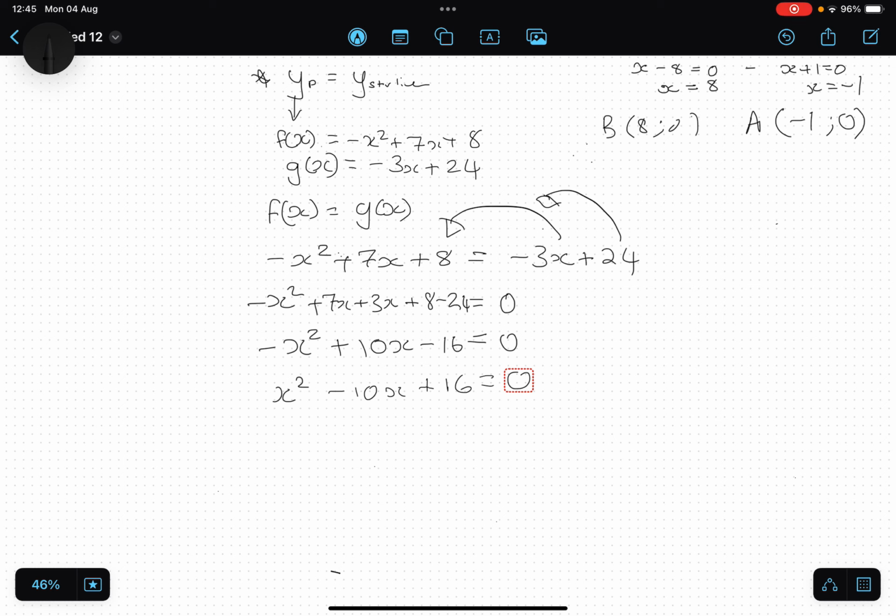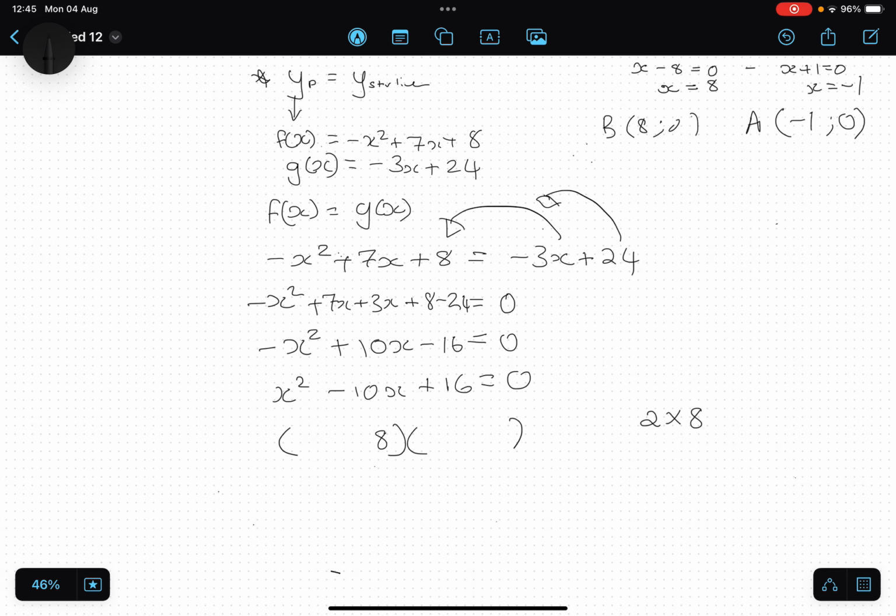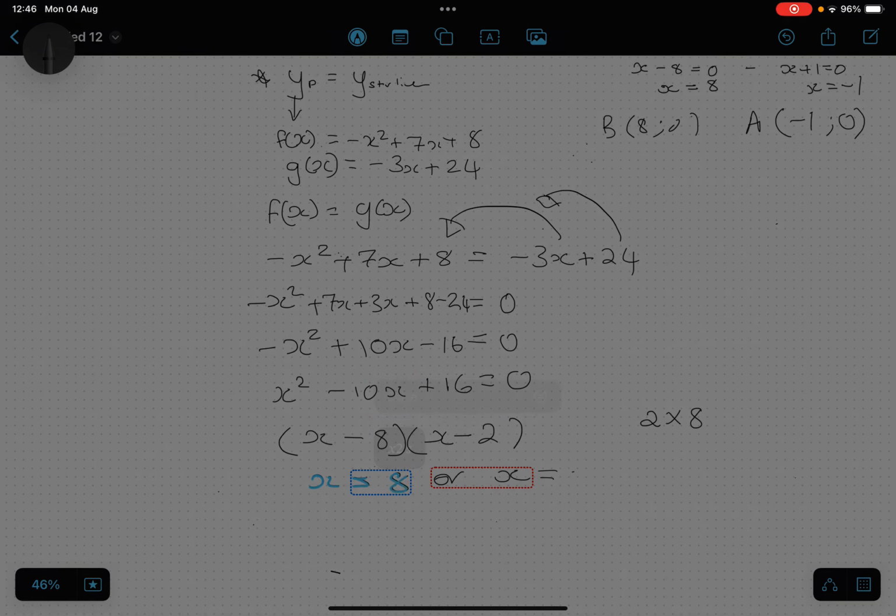Right, so we're going to solve this, and it becomes 16, so that would be 1 and 16, or 2 times 8. I'm looking at 2 times 8 here. I think that's going to work. So x is equal to 8 or x is equal to 2.